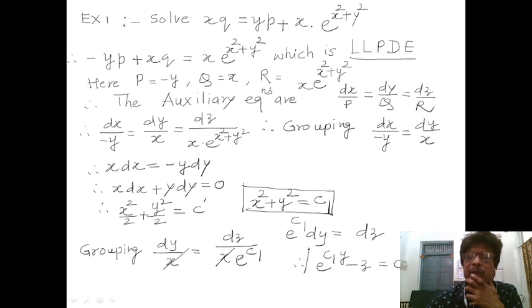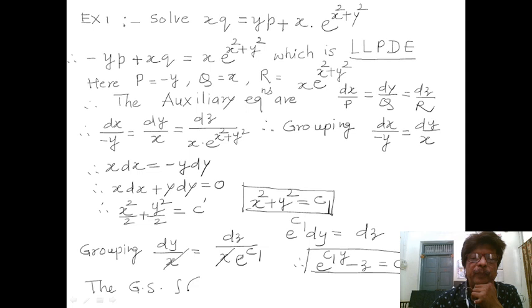So this is the second pair of equations. And how do we write the general solution? The general solution or complete integral is written as f of c1 comma c2 equal to 0. This is again the formula of writing the general solution of any linear partial differential equation.